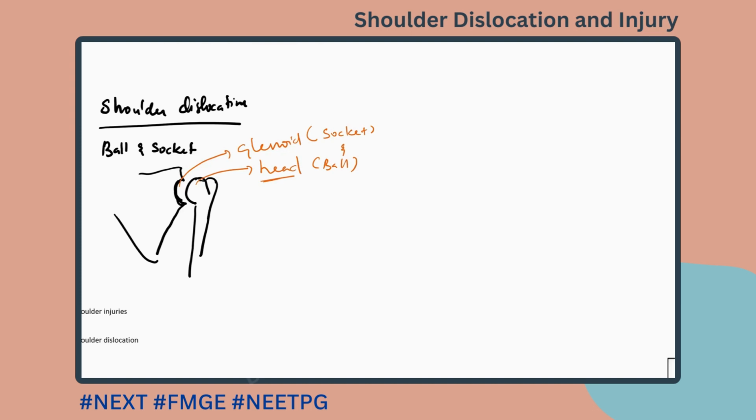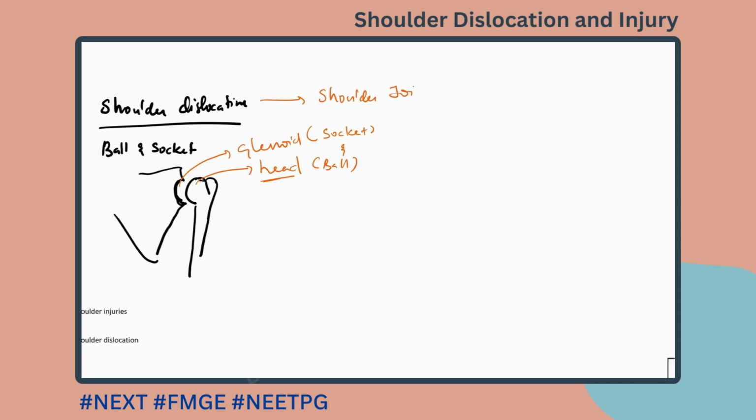Which is more stable, a ball within a bowl or a ball over the saucer plate? Ball in the bowl. So the hip joint is like a ball within a bowl. The cavity is so deep, it does not dislocate. But the shoulder joint is like a ball over a saucer, so it easily dislocates. So the shoulder joint is more prone to dislocations.